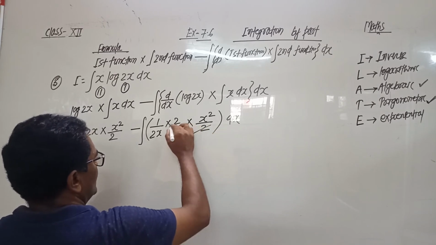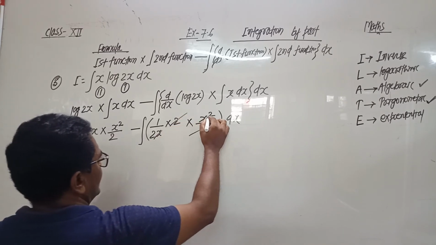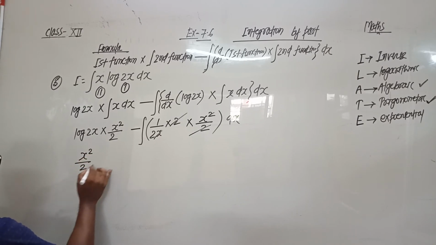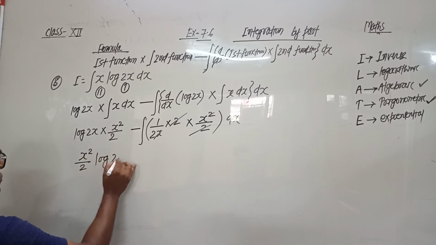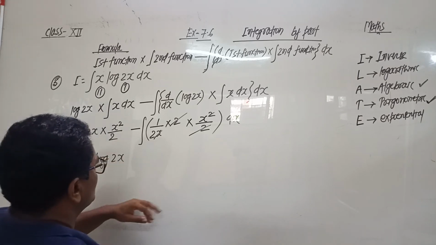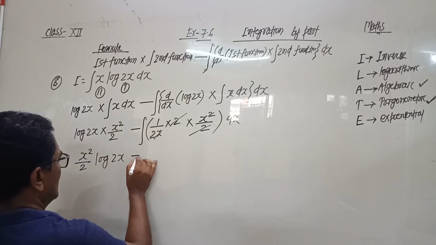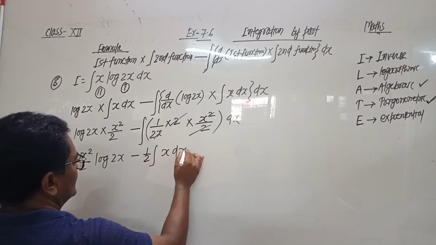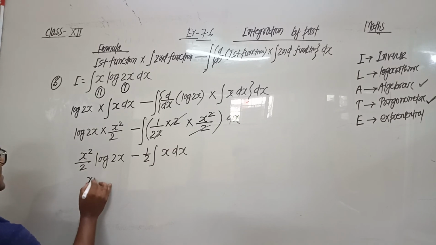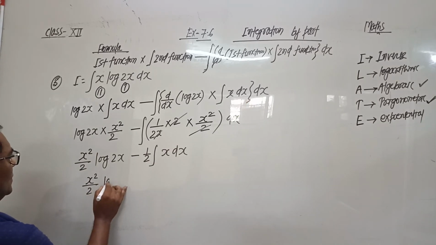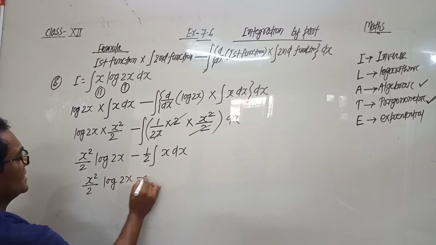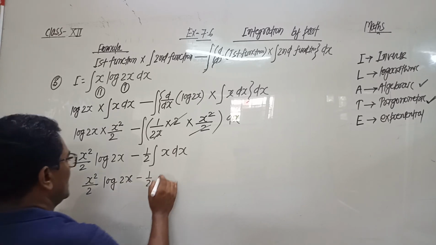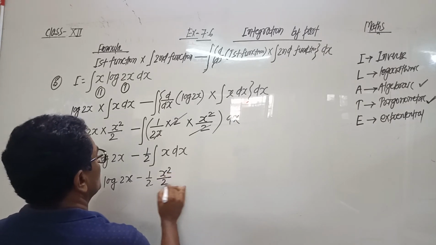So 2 and 2 get cancelled, 1 times x cancelled, and this would be written as x square by 2 log 2x minus 1 by 2 taken outside, and it remains integration of x dx.